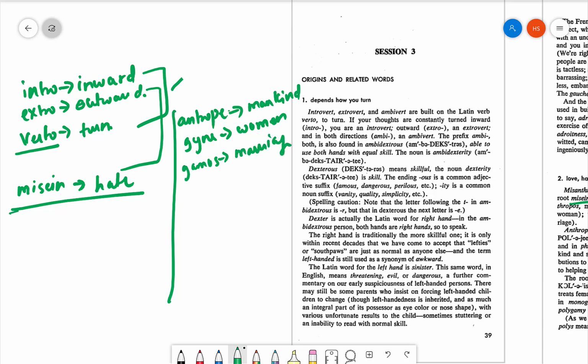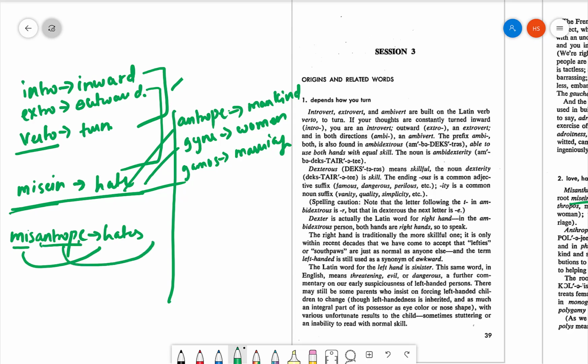If I combine these words, we will have misanthrope first. That means the person who hates mankind.